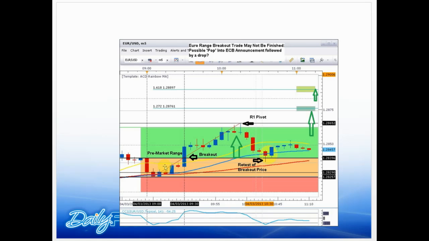So once we break out, it's been noted that prices usually continue to move and trend higher away from this pre-market range. In this case, we did have a breakout, and then price did move up to an R1 pivot, which is a 1-to-1.